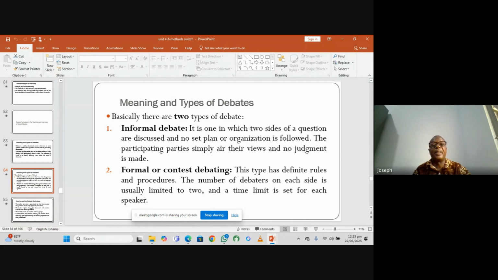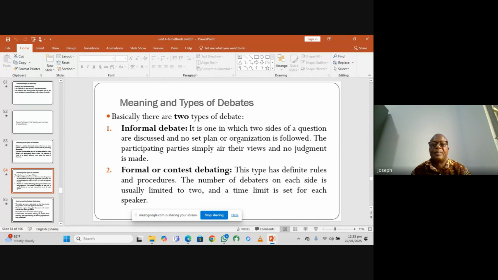And then the formal one is the type that has rules and procedures that we follow, where we have the timekeeper, the chairman, and all those people who will help in moderating the debate. The number of debaters on each side is usually limited to two, and a time limit is set for each of the speakers.